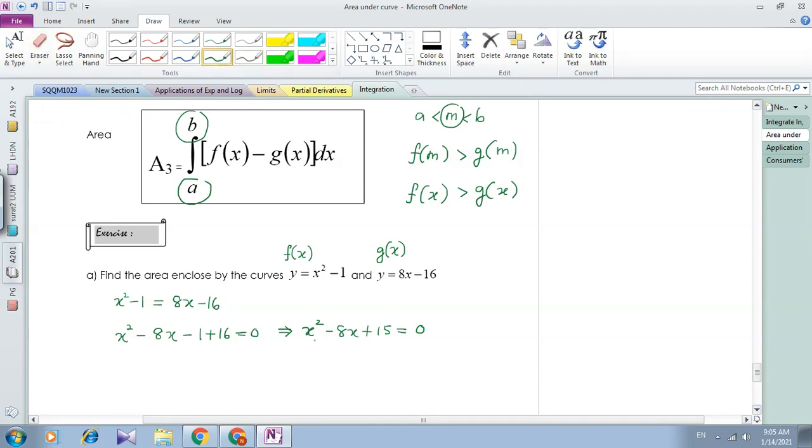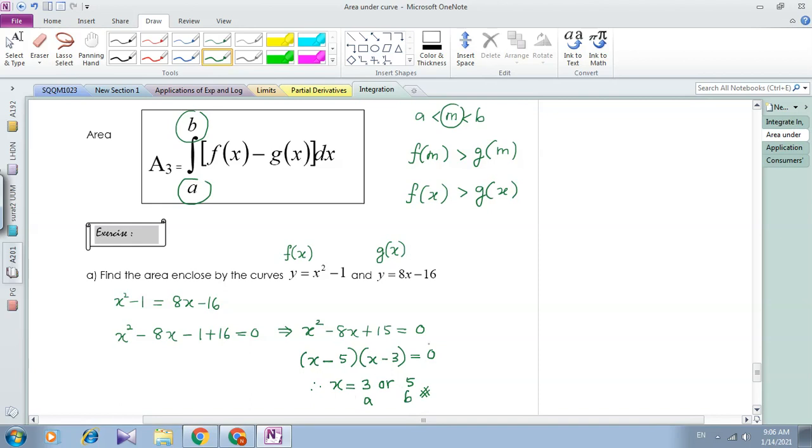How can we factorize this? This is (x minus 5)(x minus 3). So we can get the lower limit and the upper limit. This will be the lower limit because it's smaller, and this will be the upper limit.